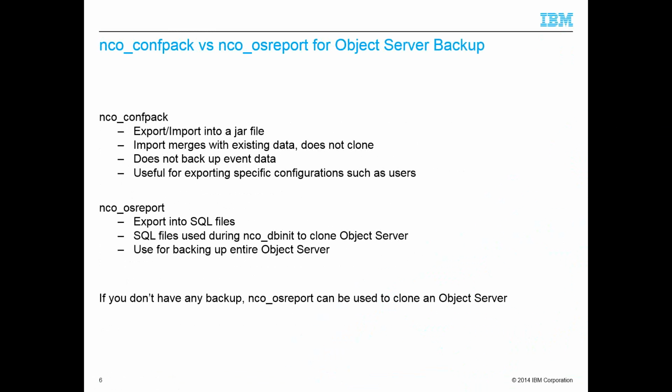The NCO Compact and the NCO OS report, they usually run very quickly in a minute or two. The other method that we'll look at, which does a complete backup of the database files, it should also run in under 5 minutes.